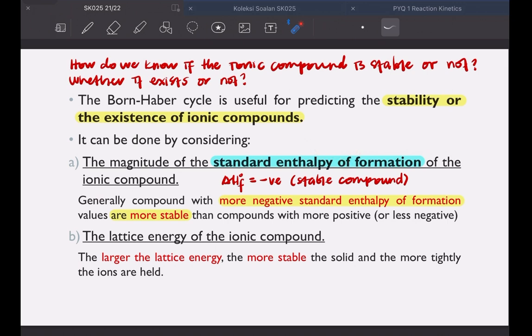If it is negative, then it is considered a stable compound. That means that it can form at standard condition. If it is more positive, that means it is less stable at standard conditions. Another thing is we can look at the lattice energy. As we said earlier, the larger the lattice energy, the more stable the solid.